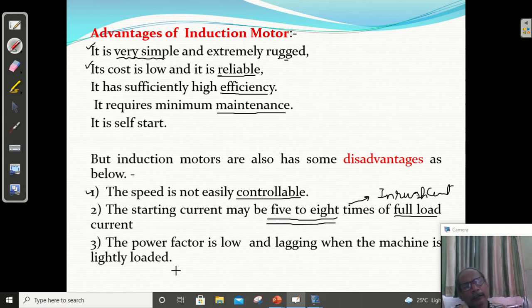But always the induction motor will work on lagging power factor.